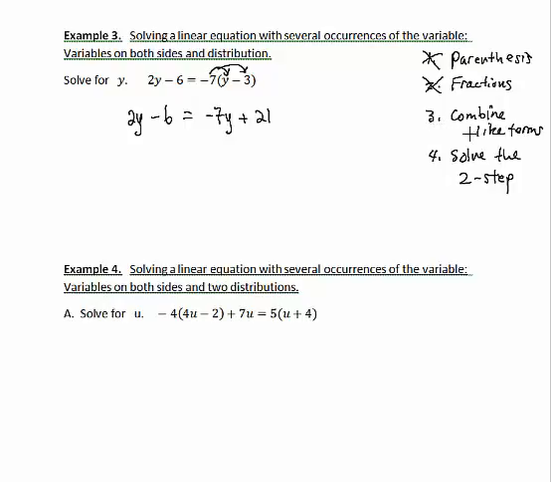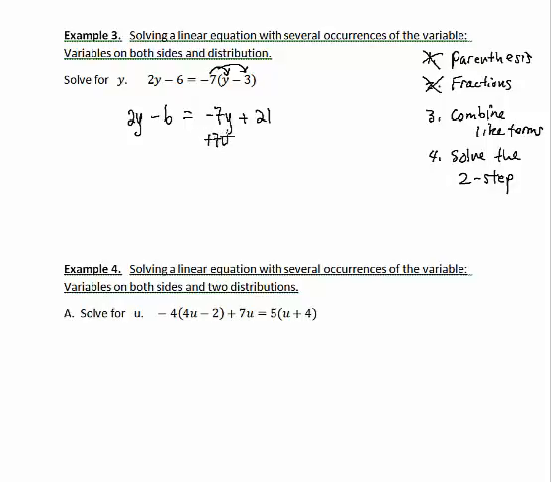That brings us to number 3, combine like terms, and the like terms are on opposite sides. So we're going to have to change the sign of one of them. -7 is less than 2. I usually just move the smaller one.